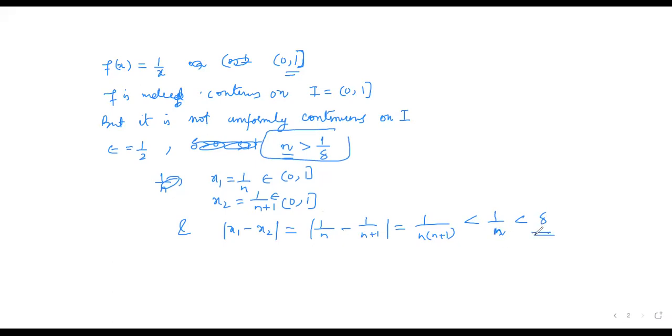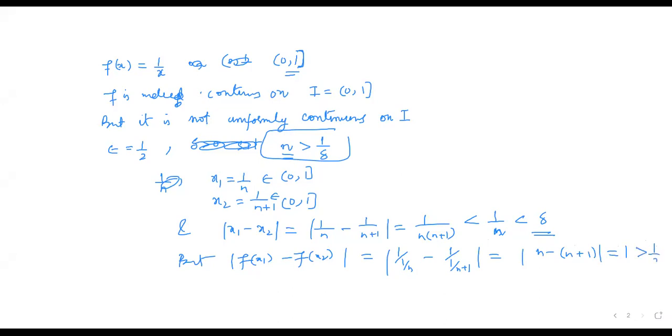So this is less than delta, but whatever delta it is, if I take f(x1) minus f(x2), the function inverts them, so it will be n minus (n plus 1), in absolute value just equal to 1, which is clearly bigger than 1 by 2.